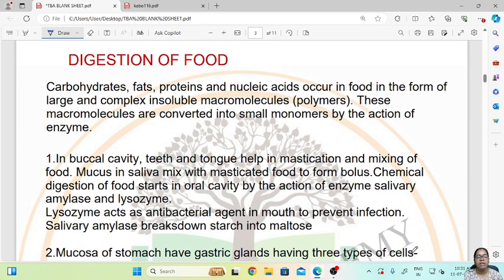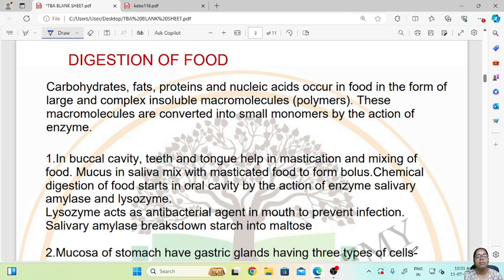First let us see how salivary glands work on food. In the buccal cavity, that is, in our mouth, the teeth and tongue help in mastication and mixing of the food.